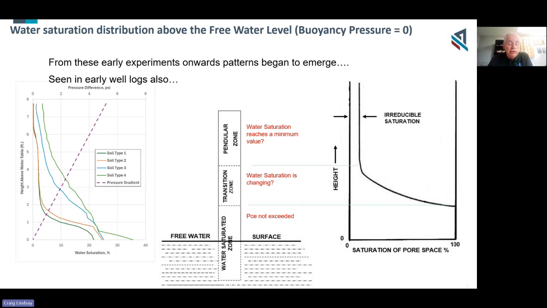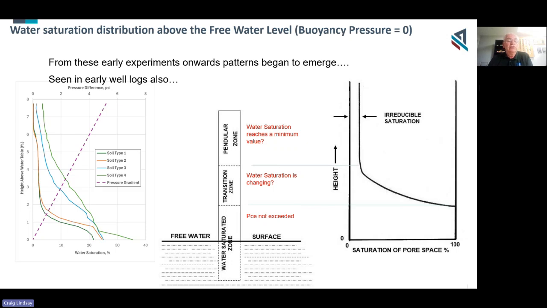And they saw these patterns emerge, that there was a zone near the base, perhaps of the free water level, where it was completely saturated, and then we had a zone where the water saturation could change quite rapidly, and then we had a zone where the water saturation was not changing so much, had gone to a low level.